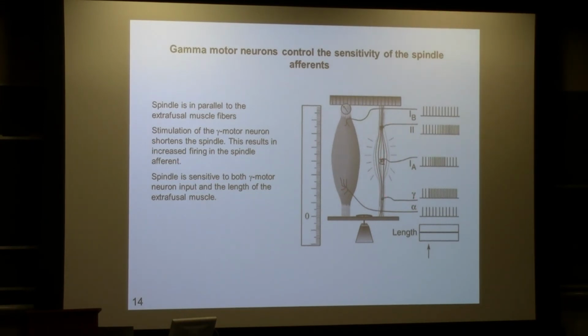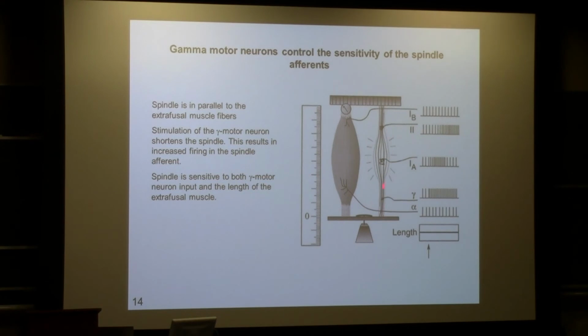What's its job? Its job is to stiffen up the intrafusal fiber, so that it's like a threshold. If you set this to be some length, any stretch of the extrafusal fiber will now result in a rapid change in the intrafusal fiber, in which case you can sense it by the muscle spindle.